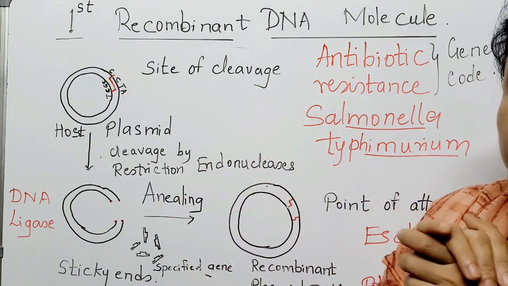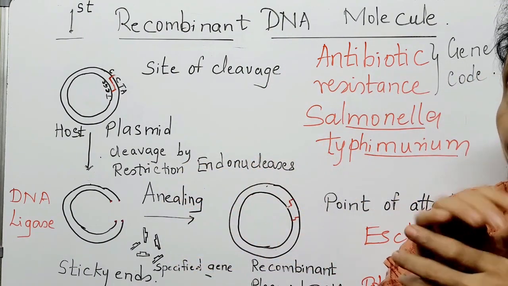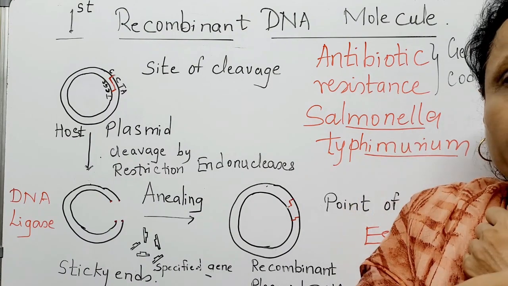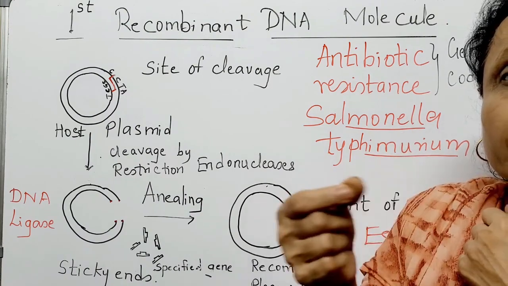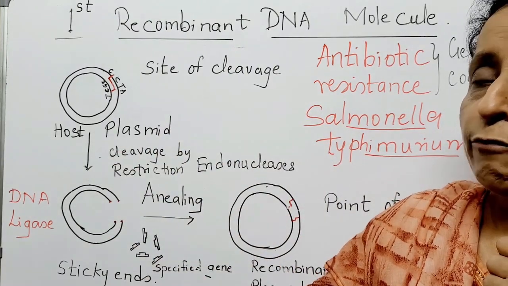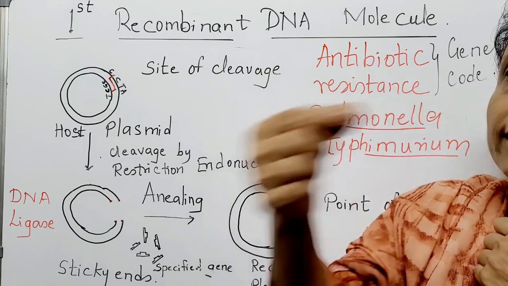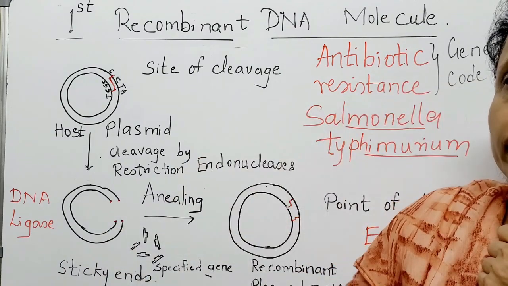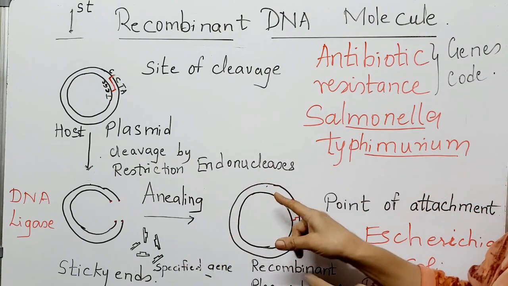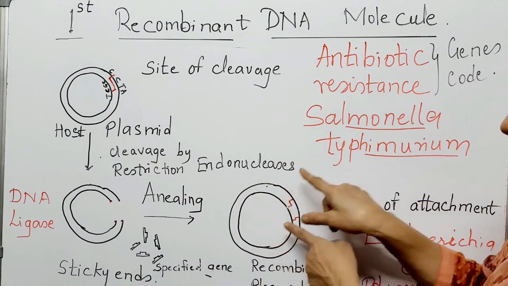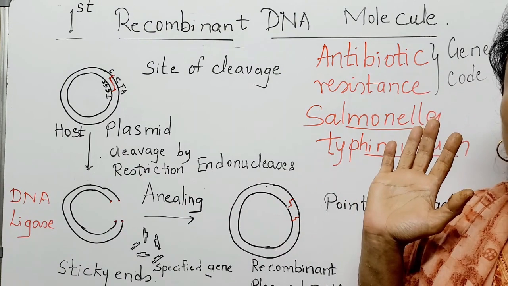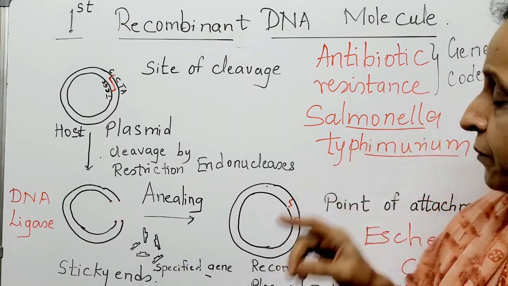Vectors are what? Like mosquitoes, they bite us. That is, they are acting as vectors. They bring the microorganism from one human to another and just transfer the microorganism. Same way, plasmids are just transferring the characters into another organism. So plasmids are vectors.